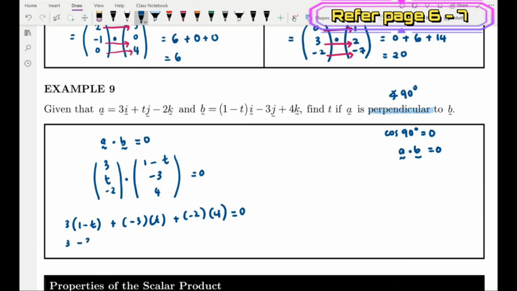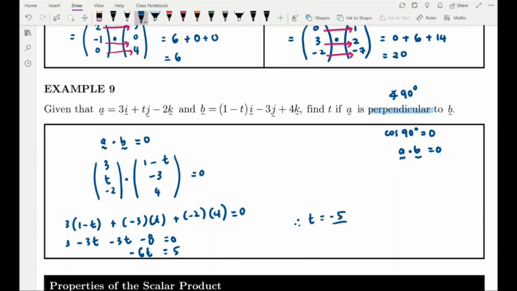So 3 minus 3T minus 3T minus 8 equal to 0. So we get negative 6T equal to 3 minus 8, which is negative 5. So T is equal to negative 5 over 6.